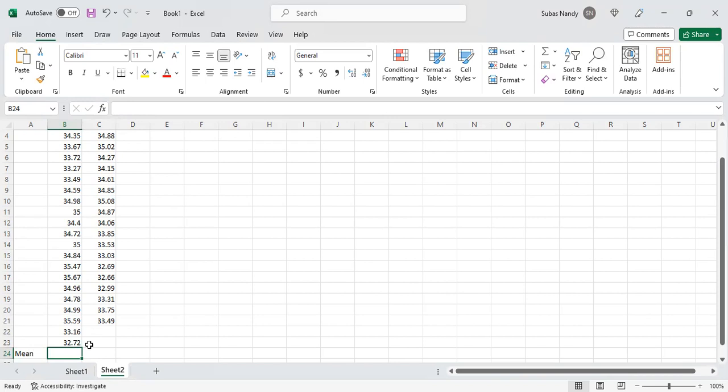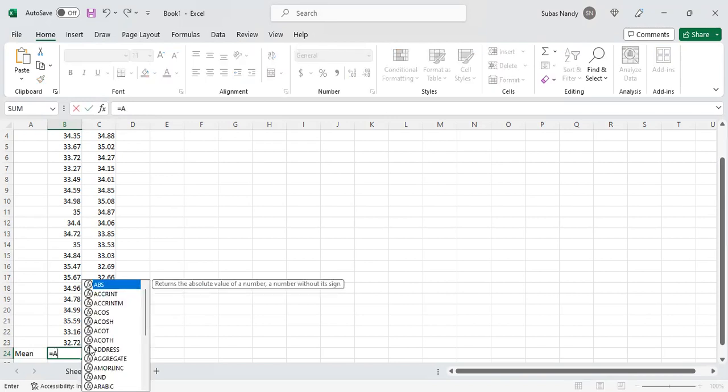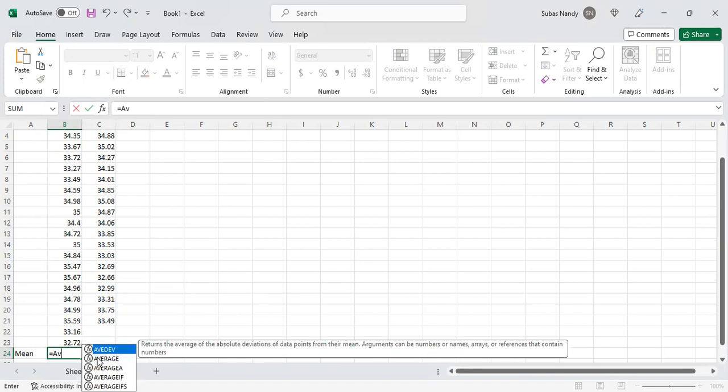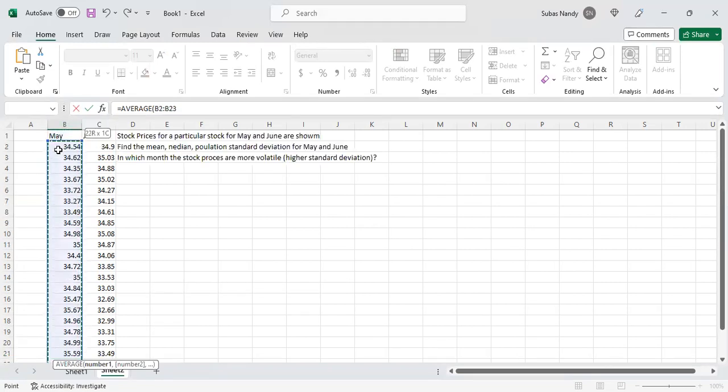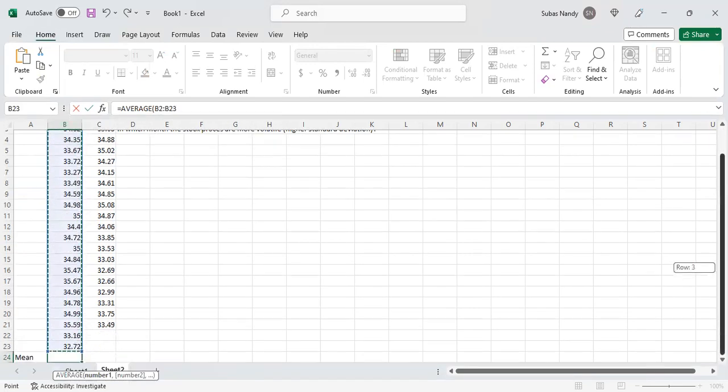So that will be equal to average, and I will highlight from A2 through A23 and hit enter.